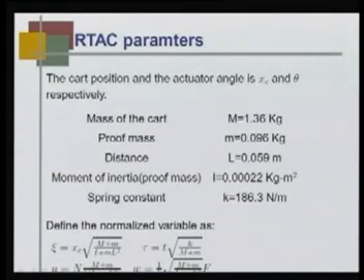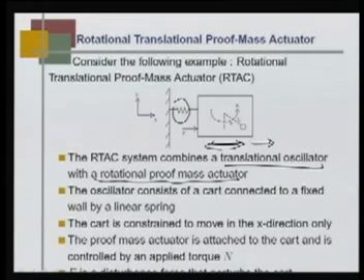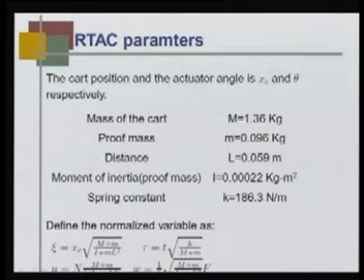The cart position and actuator angle are xc and theta respectively. That is the cart which you saw here, this is xc and this is theta, which I have already shown. The mass of the cart is 1.36 kg, and the proof mass is 0.096.